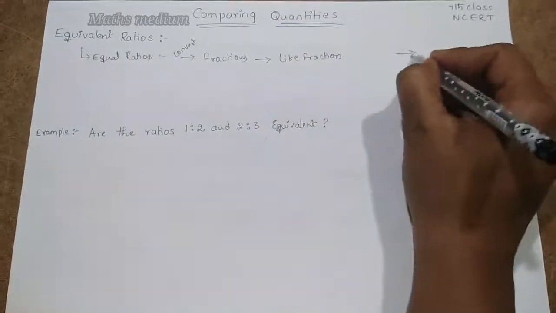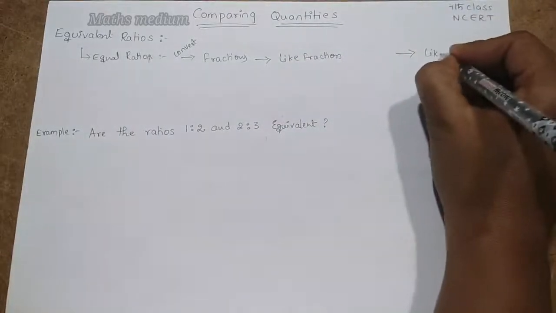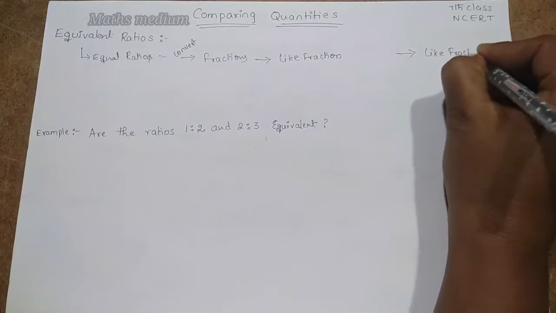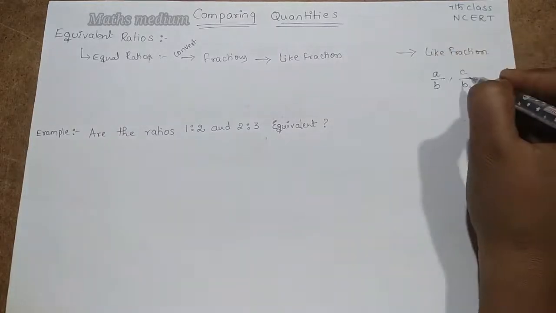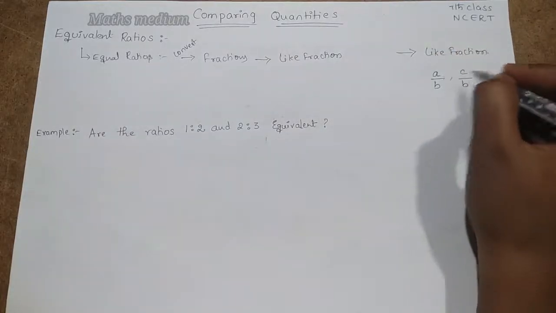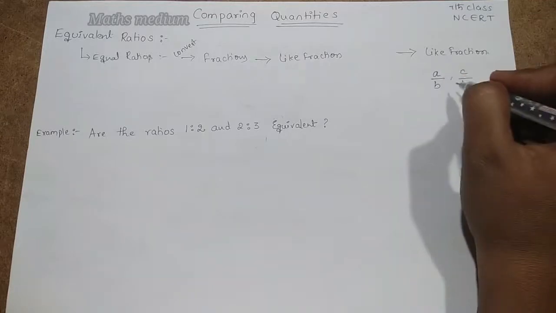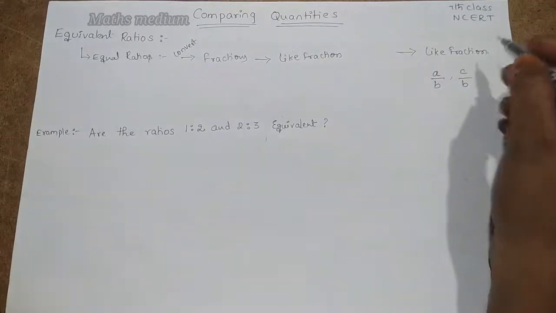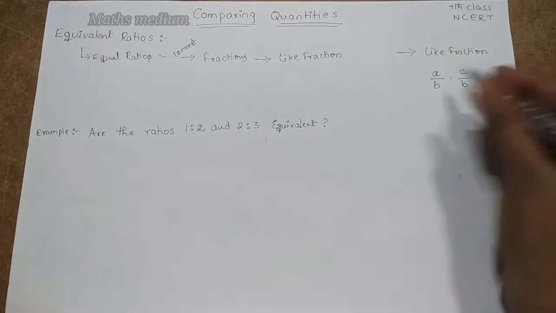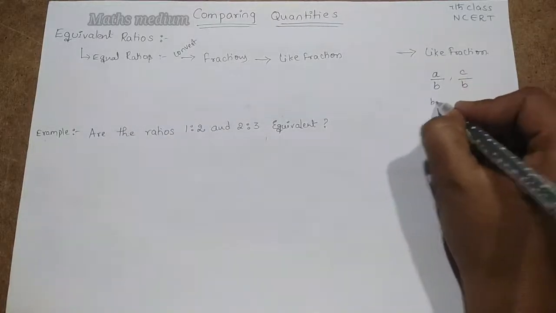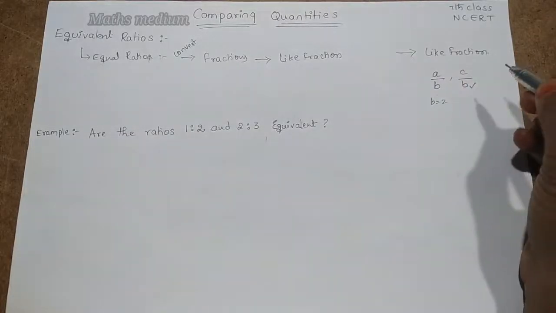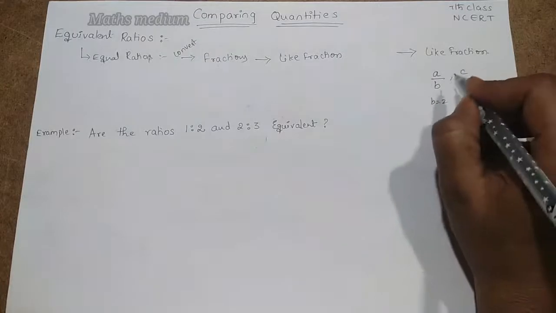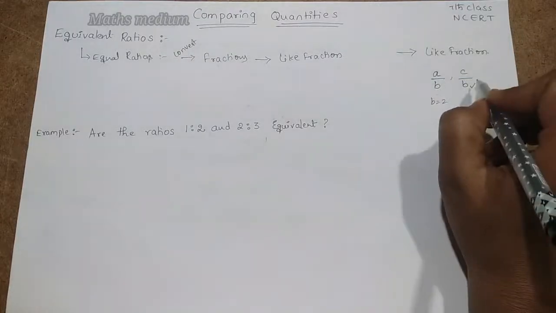We know the like fraction definition. What are like fractions? The denominator is the same for all the fractions. So here B, here B. If here B is equal to 2, here also B is equal to 2. Then only we can say they are like fractions.